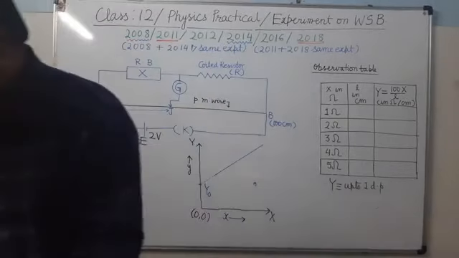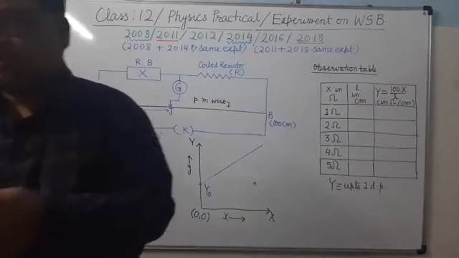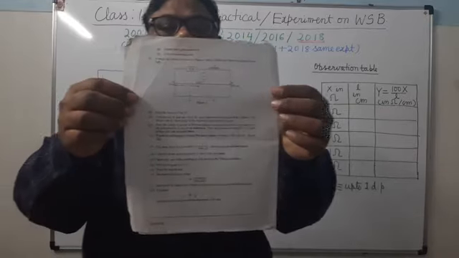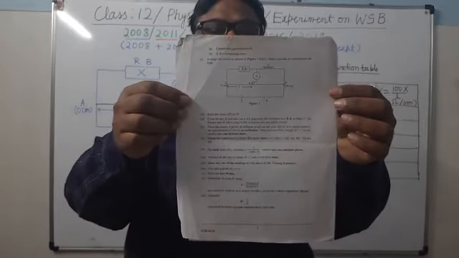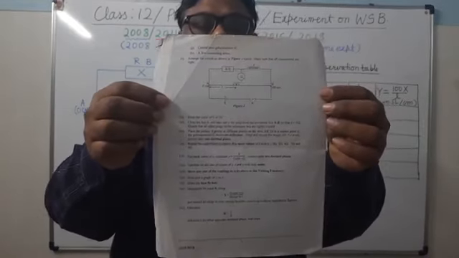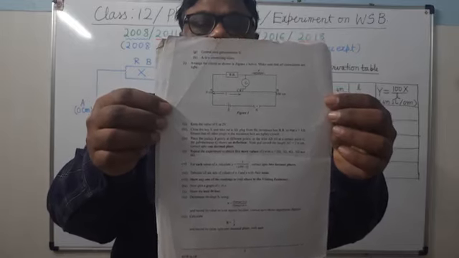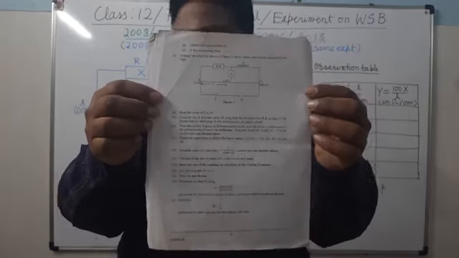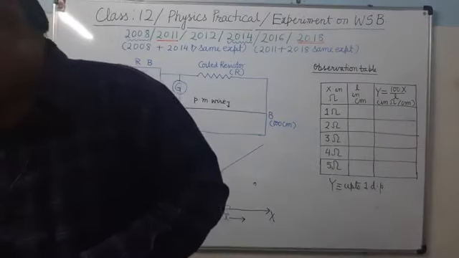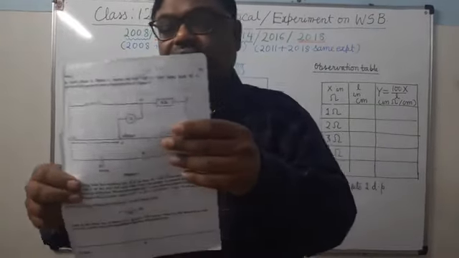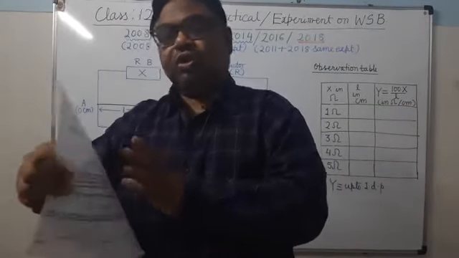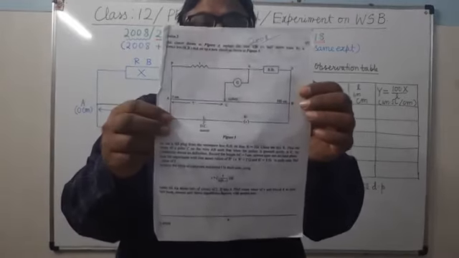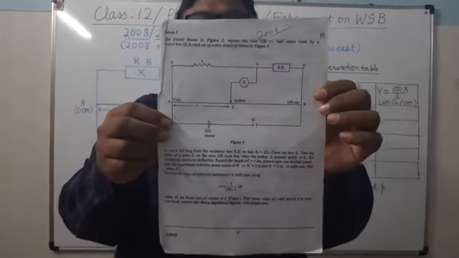Then in 2018 also, this is the circuit diagram of the Wheatstone bridge experiment asked in 2018, and this is of 2012. In 2012, the circuit diagram was this.